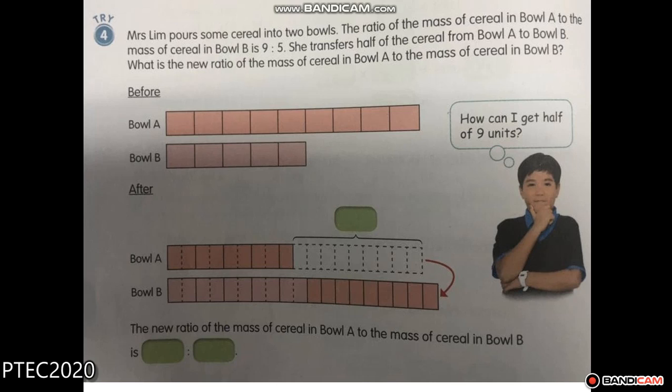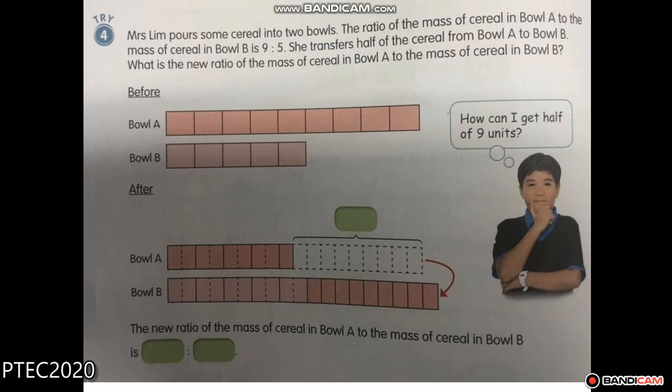Okay, so I just like to explain the problem to make sure that you understand the meaning of the expressions in the word problem. So next, see transfer half of the cereal from bowl A to bowl B. Transfer half means that, for example, here 9 units, so half of 9 would be 4.5, right?